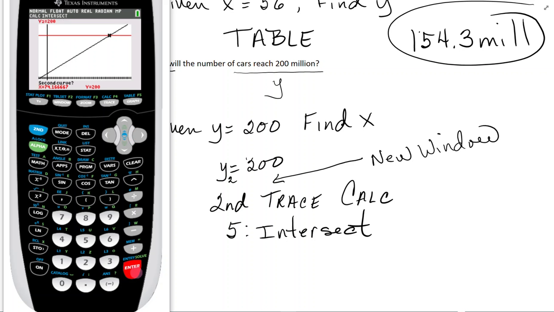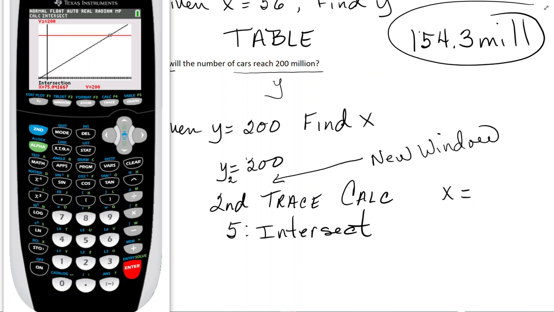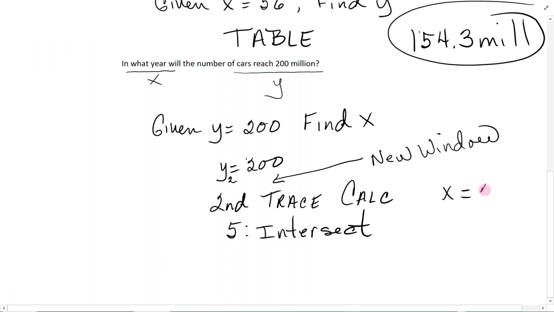And enter, enter, enter. And I get that X is, and I wrote that and I didn't even see it. I think it would round, I'm just going to say 75 years. There should be some rounding instructions, and there aren't, but 75.